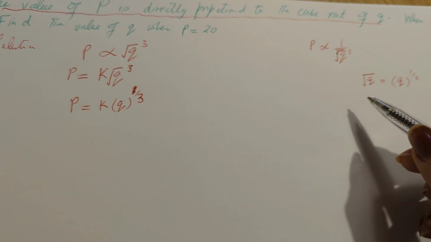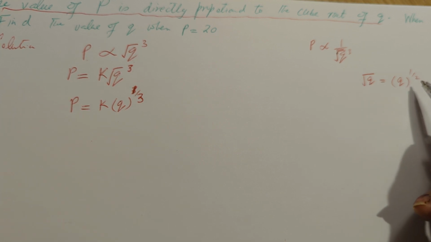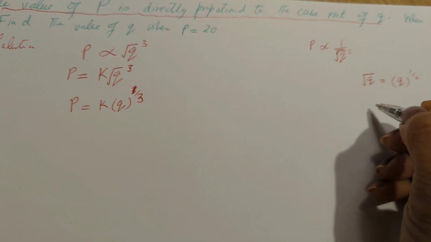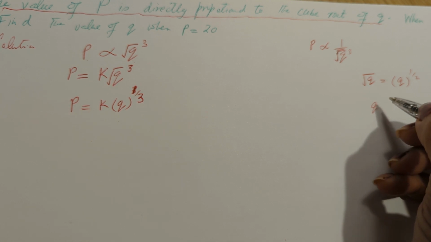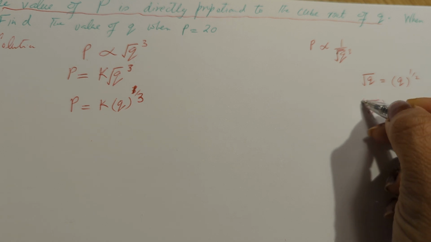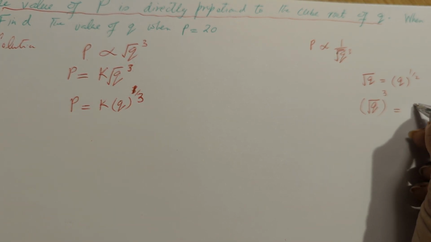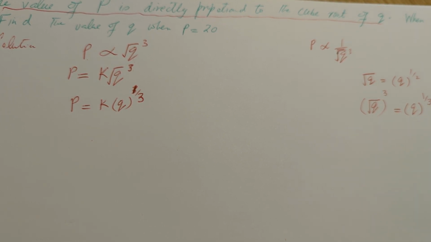If they say square root of q, square root of q is equal to q power 1 by 2. But if they say cube root of q, we will write it like that, but we will take its power as 3, and in simplified form it will become q power 1 by 3.